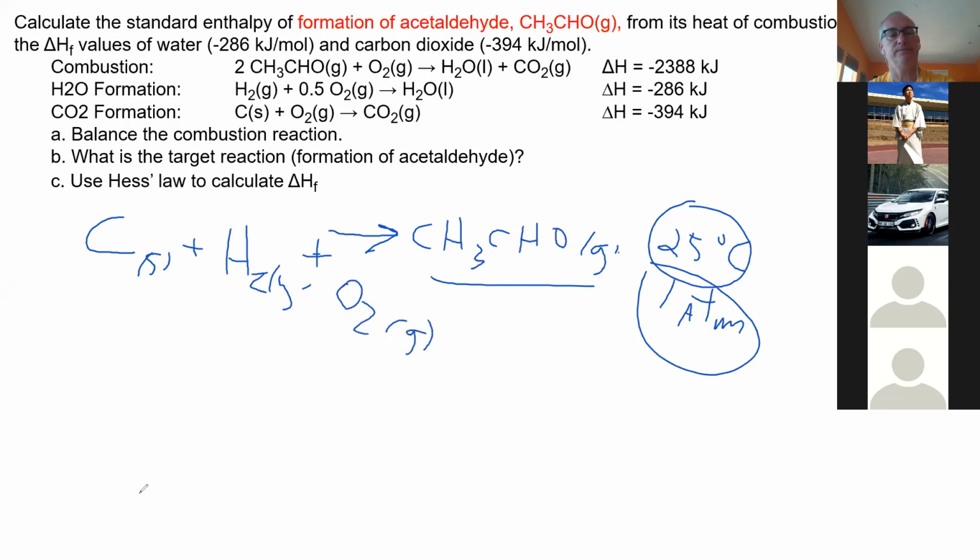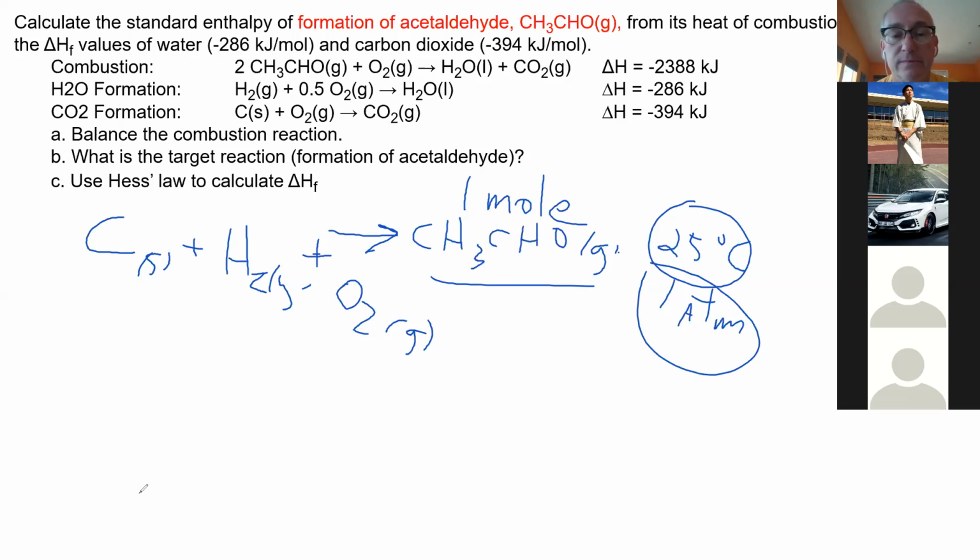So I've got carbon, solid, hydrogen, H2 gas, and oxygen, O2 gas, makes my acetaldehyde. Now I need to balance all my reactants so that I make 1 mole and 1 mole only of acetaldehyde.